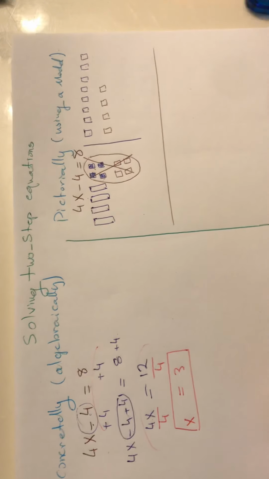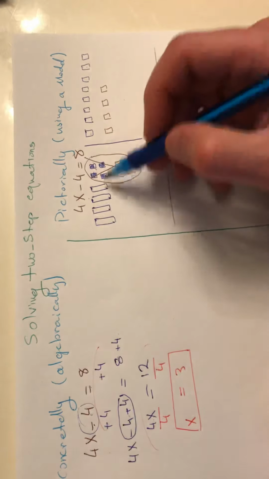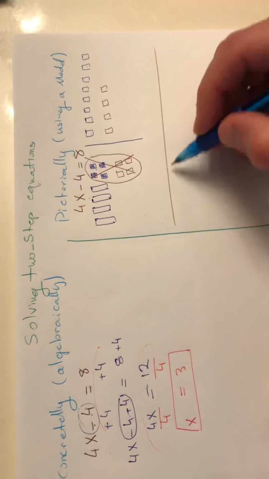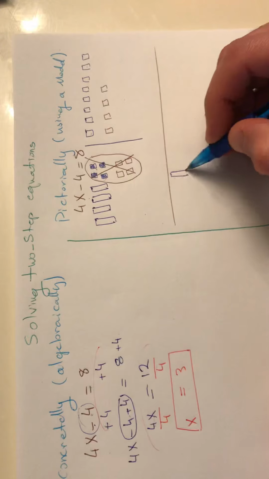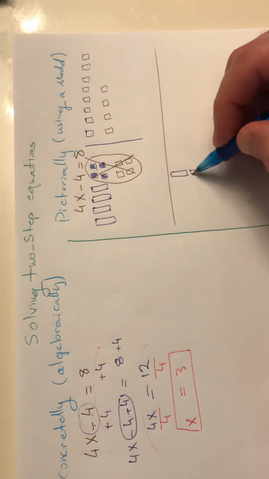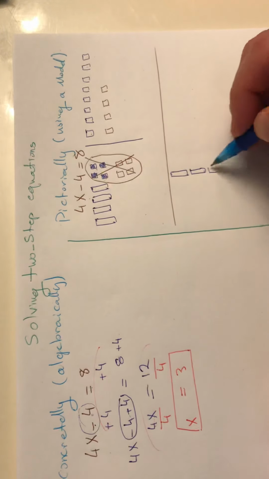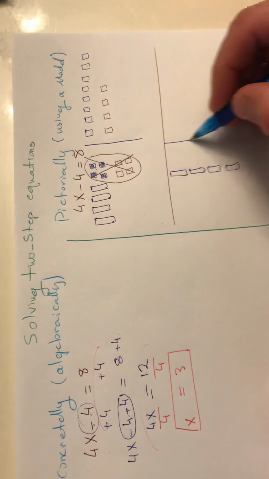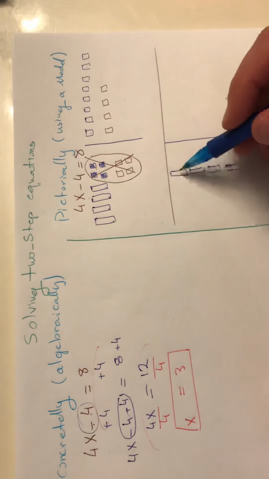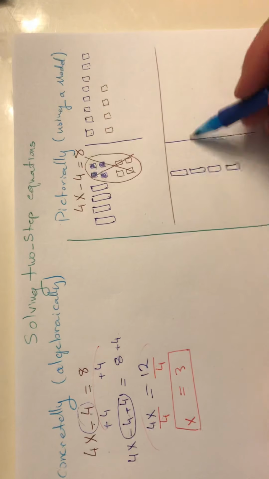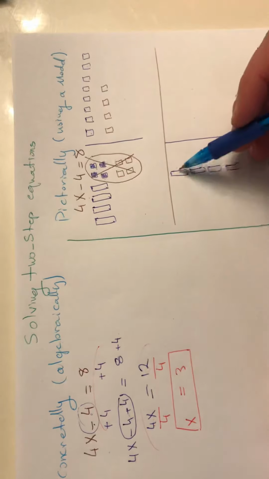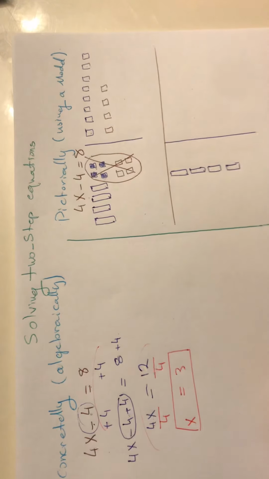To make things easier, draw each x by itself, or each variable by itself, vertically. This makes things easier for the final step, which is to circle how many 1s are in each variable, or x in this case.